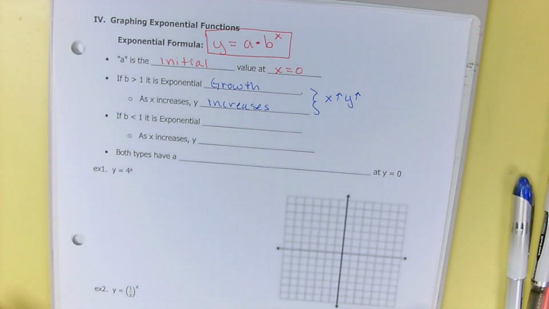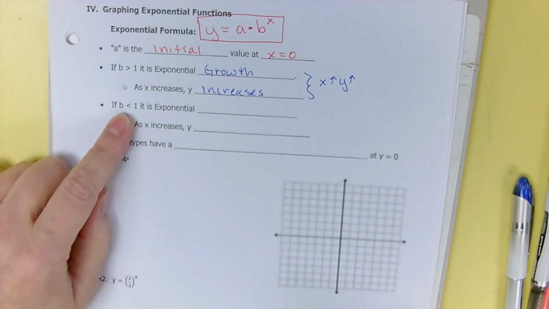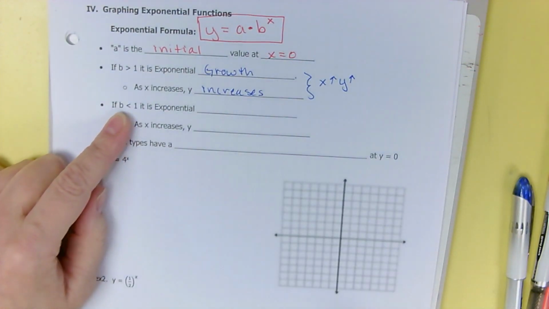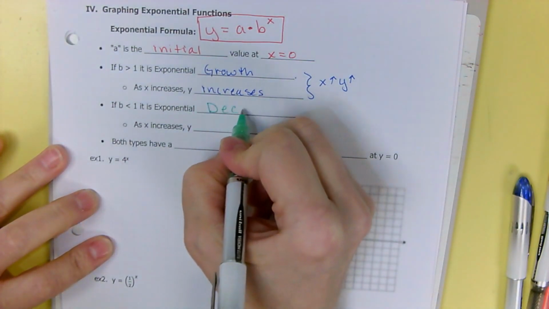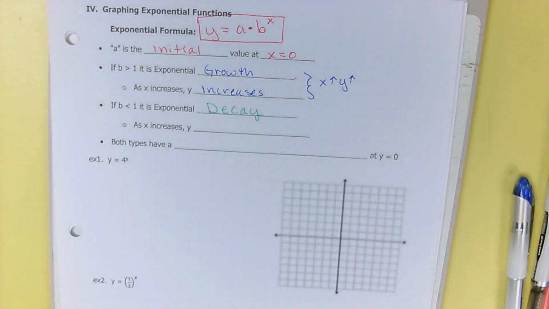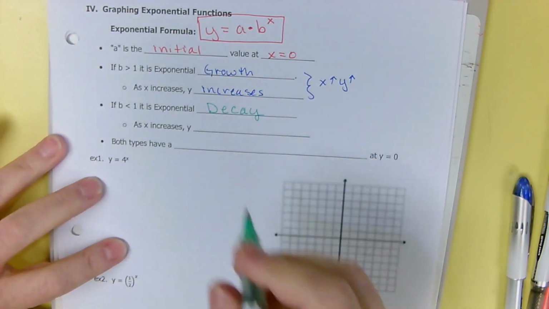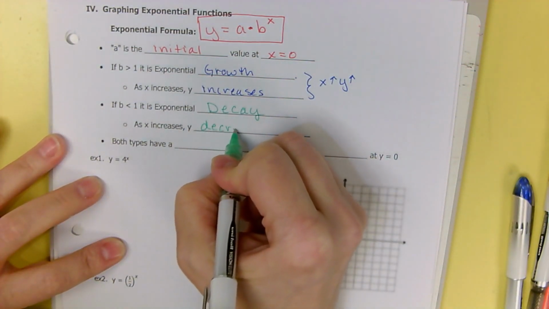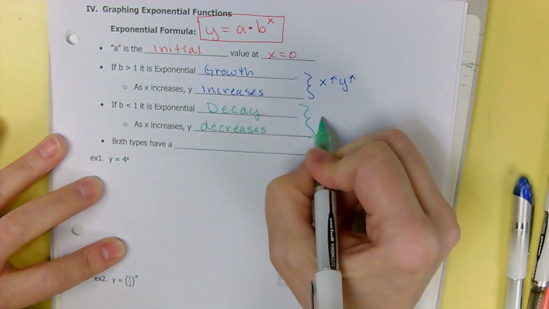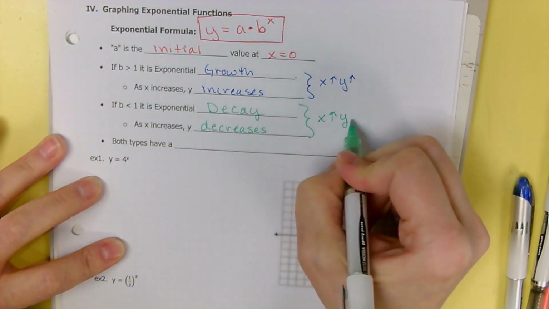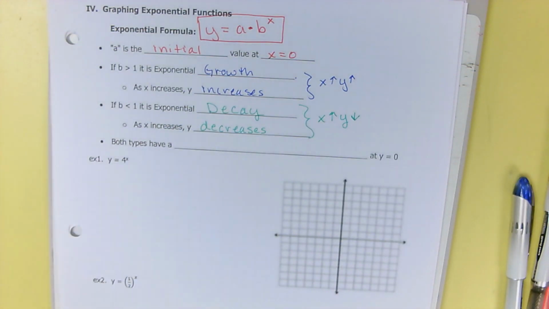The other type of exponential function we have is if the b, the base, is less than 1, then it is called exponential decay, which means as x increases, y decreases. It gets smaller. And again, I oftentimes show this as x goes up, y goes down.